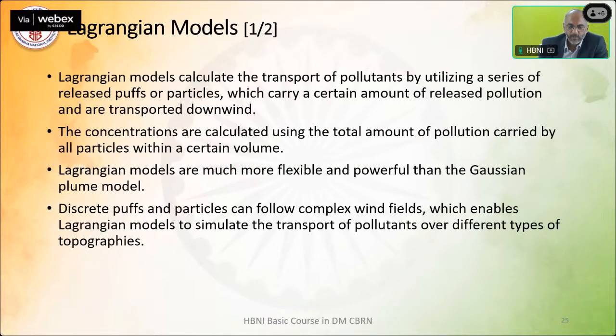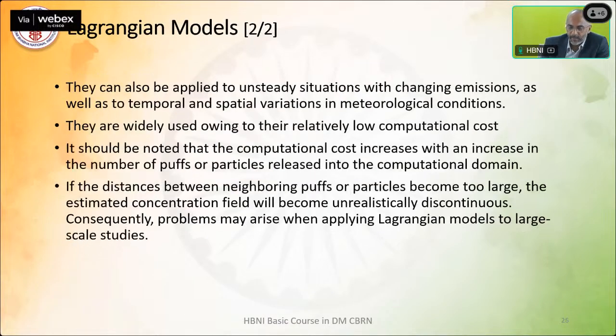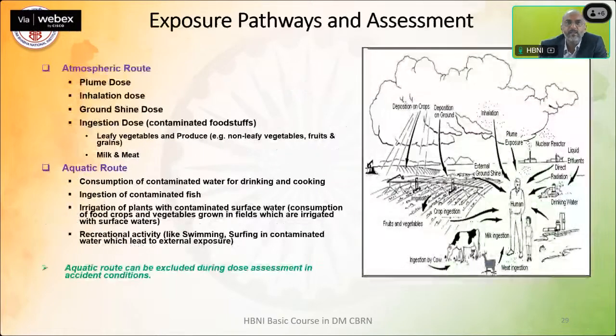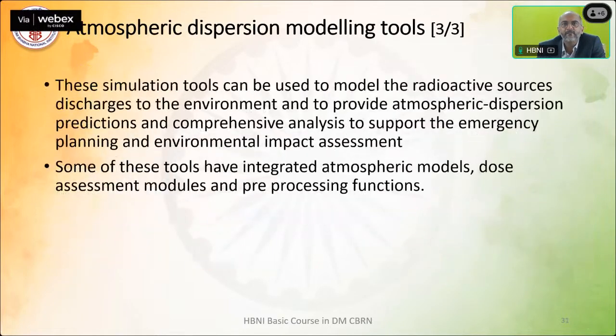So that way you can use these models to estimate the dispersion, the level of concentration in the air, and what is being deposited, and also construct the exposure situation, that is, what is the dose.